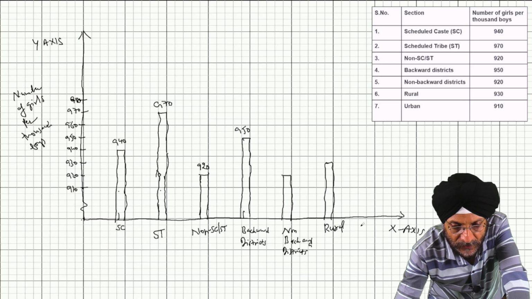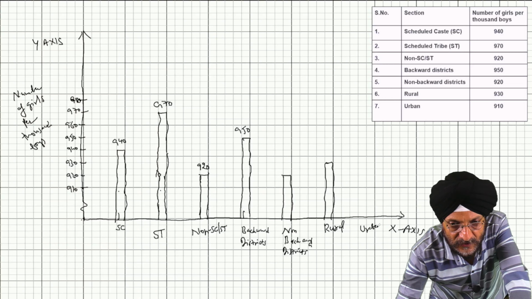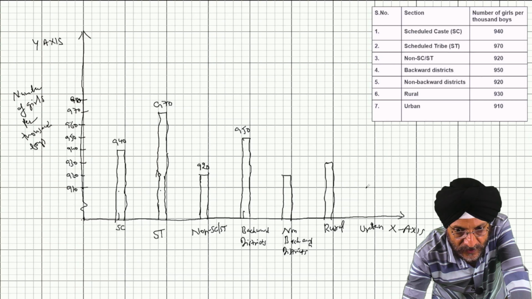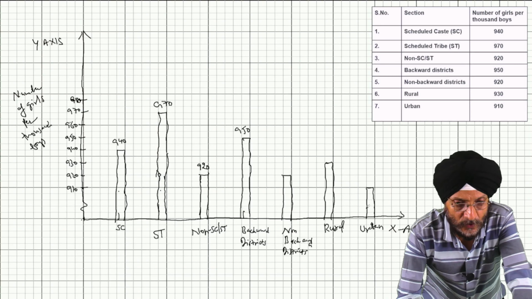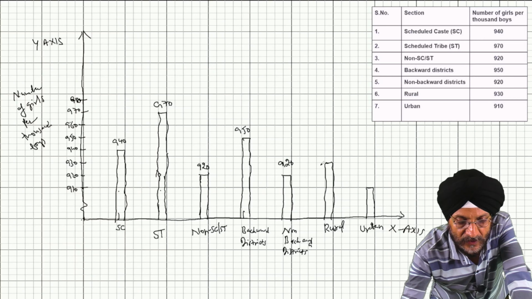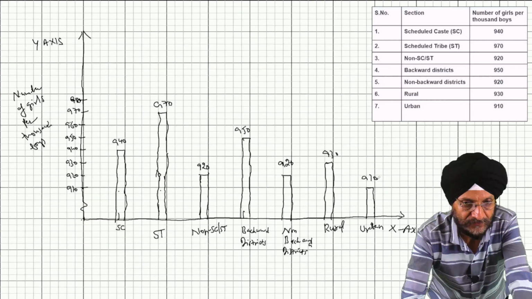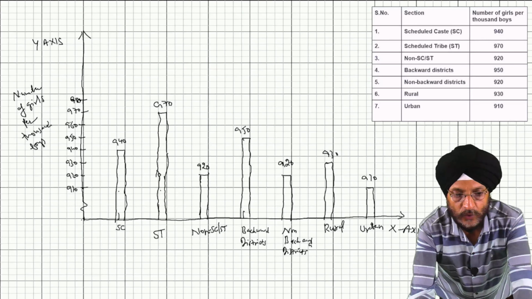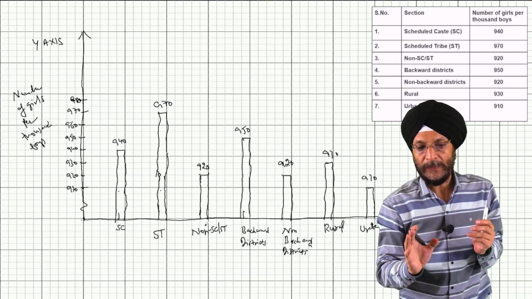In respect of the urban girls, the information we are adding is 910. Backward it was 920. In respect of rural it was 930. Now here it is 910. So now, so far we have formed the bar graph.